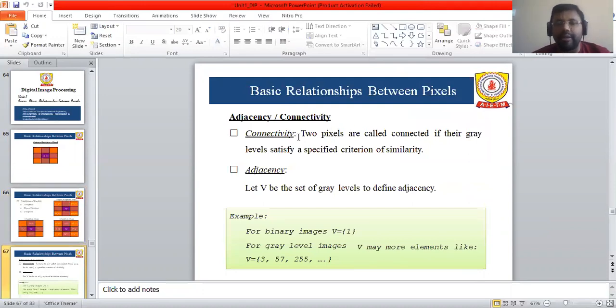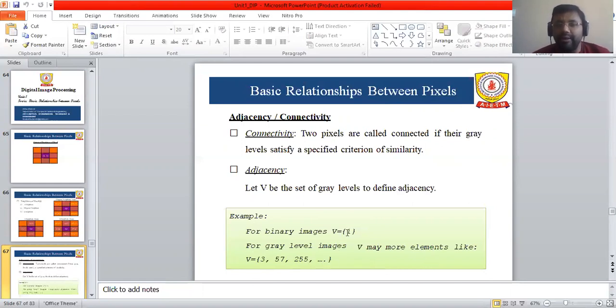Now, adjacency and connectivity. Connectivity: two pixels are called connected if their gray levels satisfy a specified criterion of similarity. If their gray levels satisfy the criterion of similarity, then you can say the two pixels are connected to each other. Adjacency: let capital V be the set of gray levels used to define adjacency. For example, for a binary image V equals 1, and for a gray level image V may have more elements like 3, 57, 255 and so on.